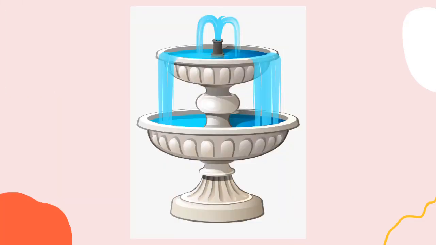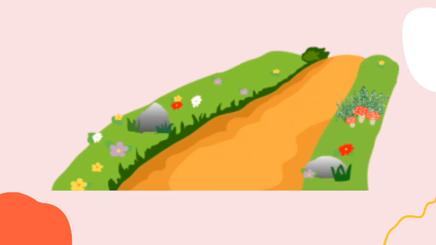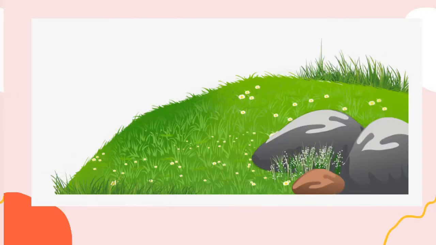This one, waterfall. No, what's this? Yeah, good job. Fountain. Next. This one? Yes, I know street, but this small street, this small road, we call path. This one, the green one? Yep, flower. Oh no, this is the white one.